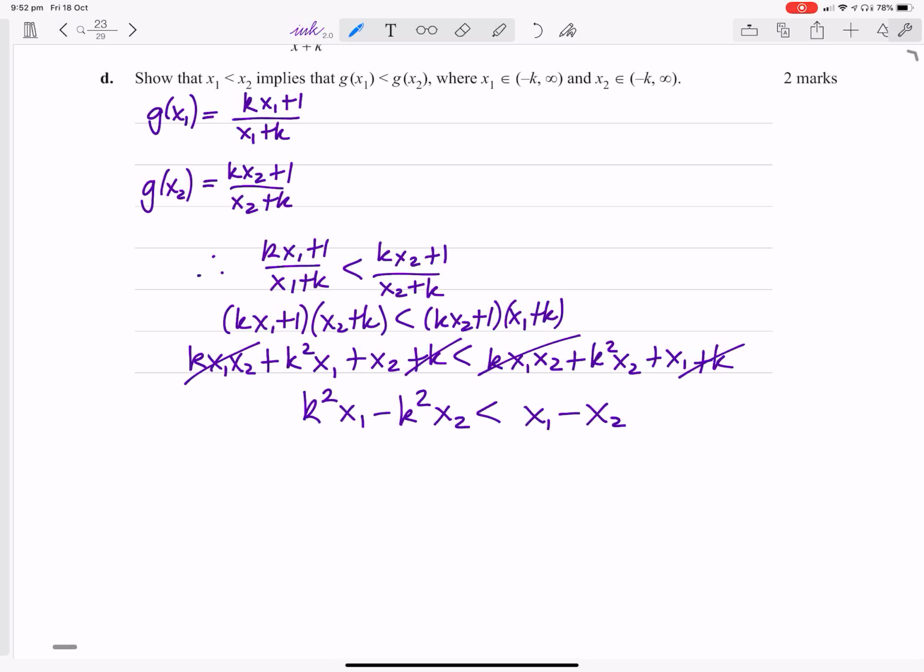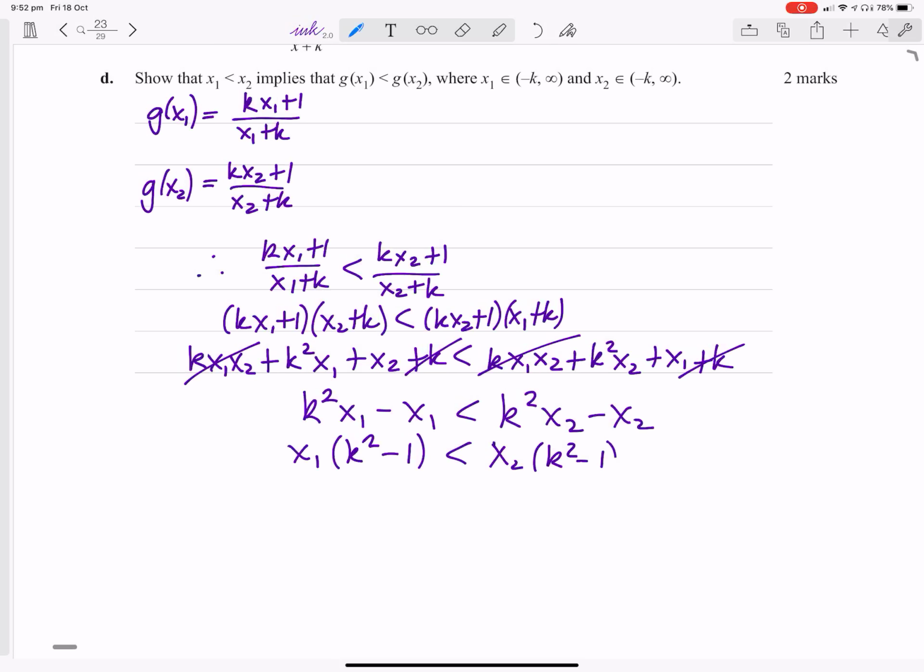Does it make more sense to bring the x1s over to one side? So k squared x1 minus x1 is less than k squared x2 minus x2. x1 times k squared minus 1 is less than x2 times k squared minus 1.